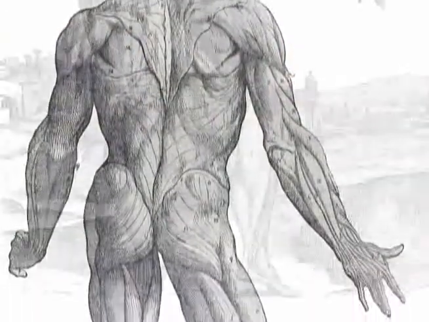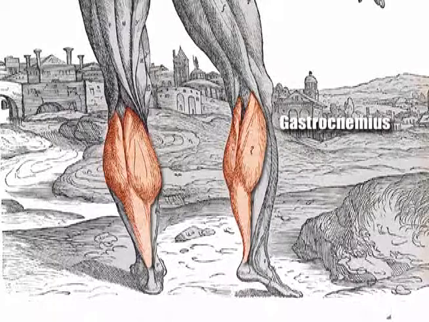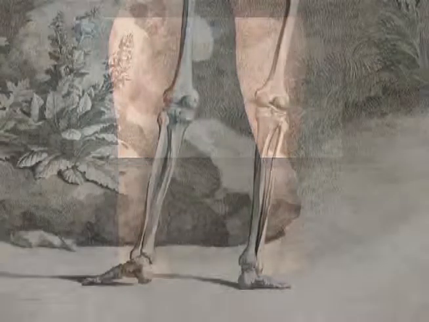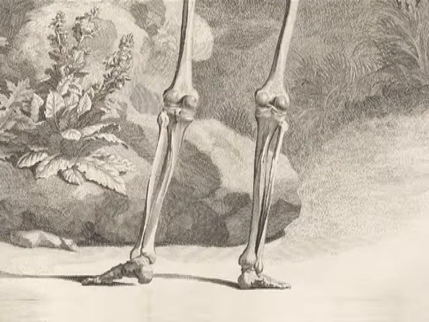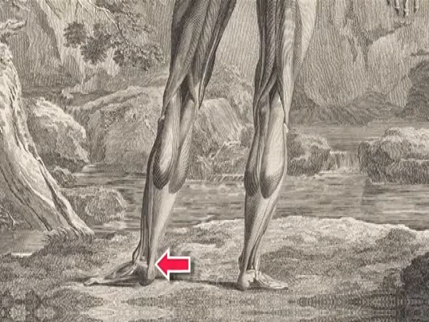On the back of the leg is the gastrocnemius, or calf muscle. When flexed, the two heads of this muscle create the distinctive inverted V-shaped notch. Originating from the internal and external condyles of the femur, the gastrocnemius connects, by way of the Achilles tendon, to lift the heel bone.